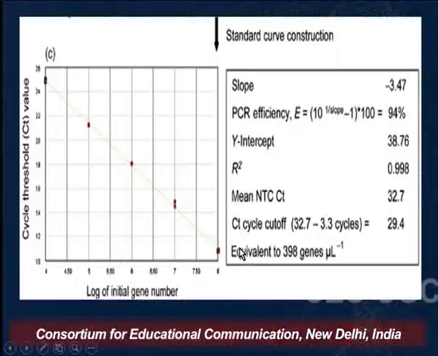So this is a typical method where we use a standard curve, and we extrapolate the unknown concentration on that standard curve. You convert it into a linear regression model, which is created for different concentrations, and you will get a straight line. Then you can put in your unknown sample, check its CT value, and see how much concentration it is giving.